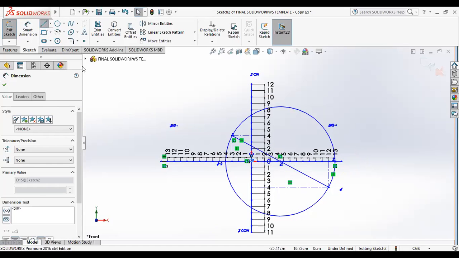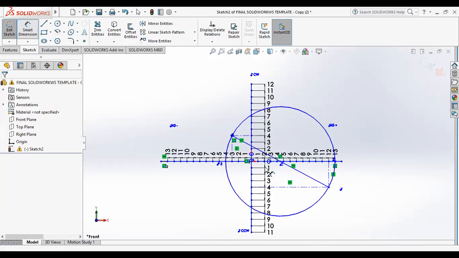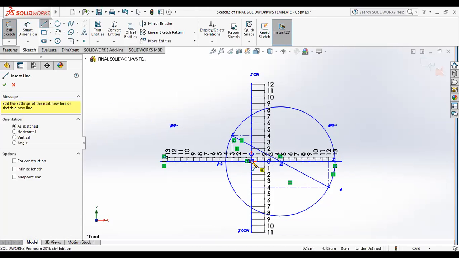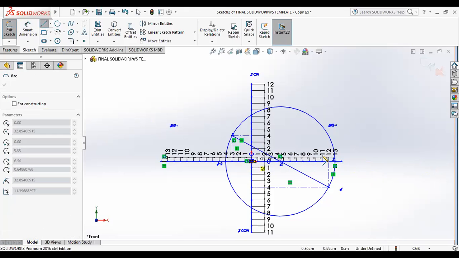But since here I don't have the option, okay, I'll try to smart dimension it if possible. It is not possible. Okay, give me a moment. Try to draw a horizontal line from the origin to this point, which is your sigma 1.